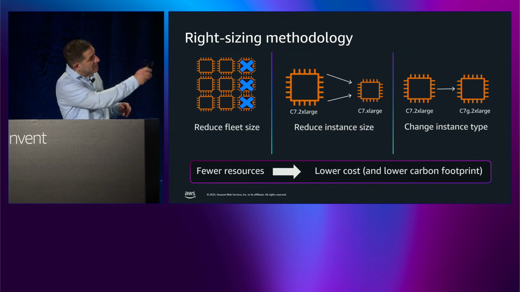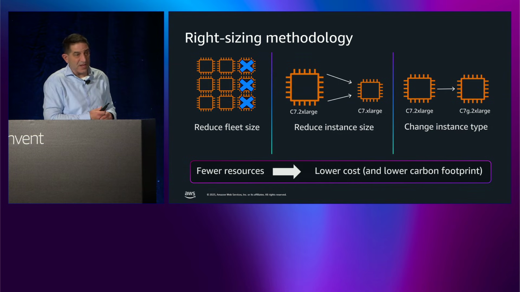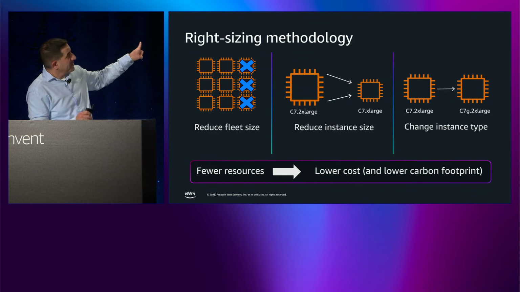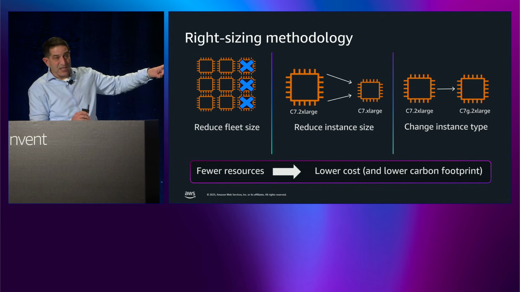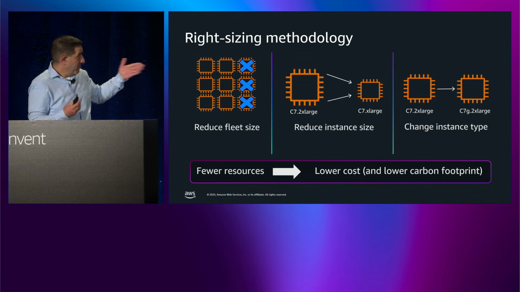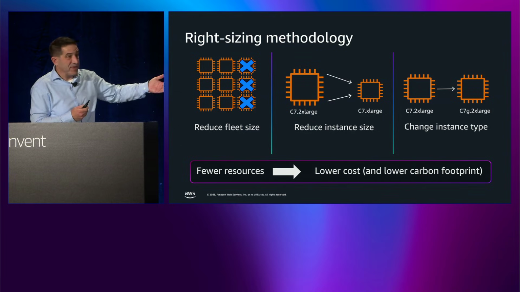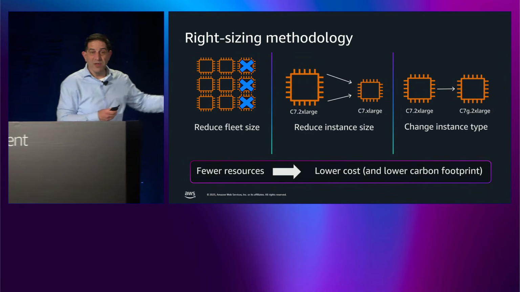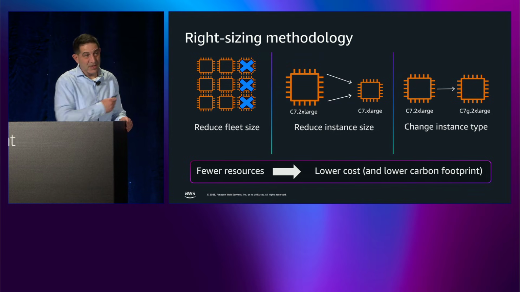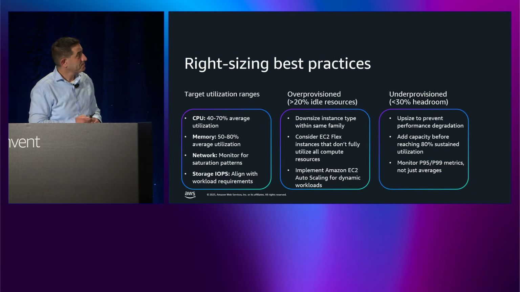So these are 3 different patterns we commonly see customers utilize. Sometimes they do 2 at the same time. They're able to reduce fleet size and reduce an instance size, for example, or change a type all at the same time. And in any case, obviously using fewer resources means lower cost, and it helps lower your overall carbon footprint as well for those of you that are after a sustainability advantage by reducing your overall footprint.